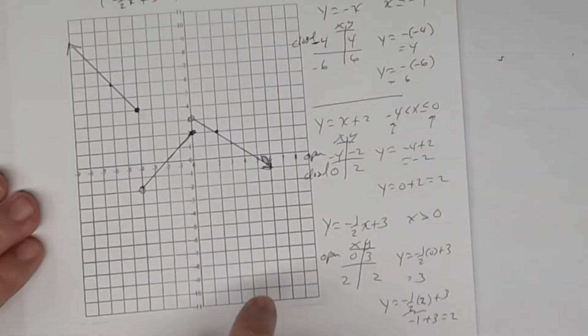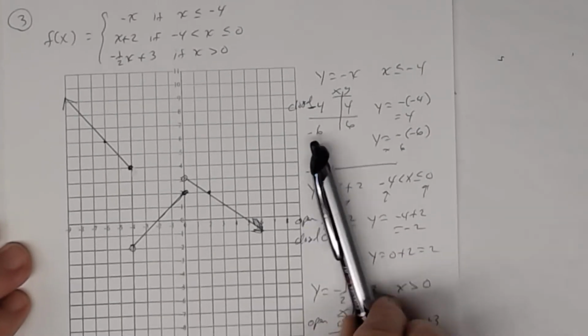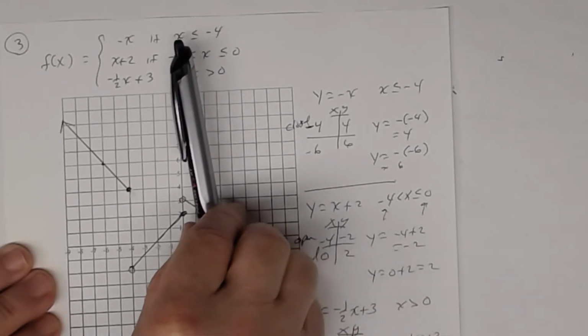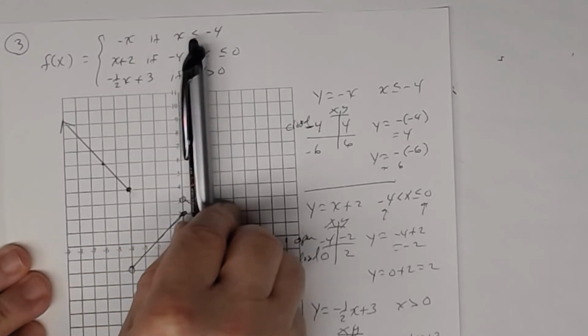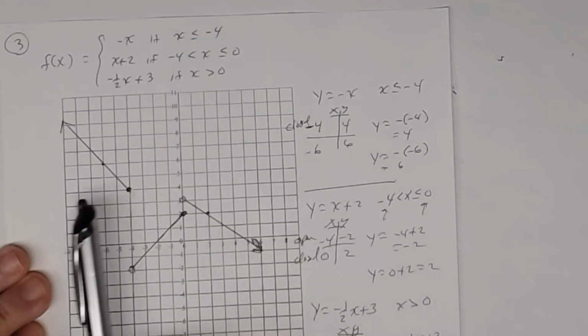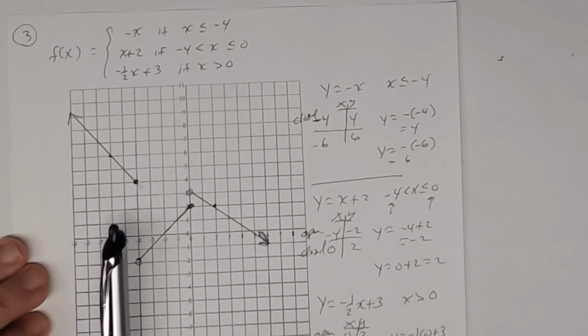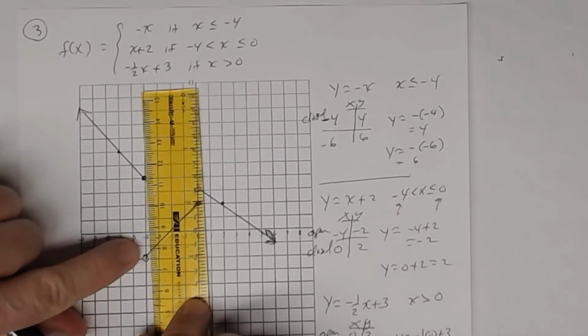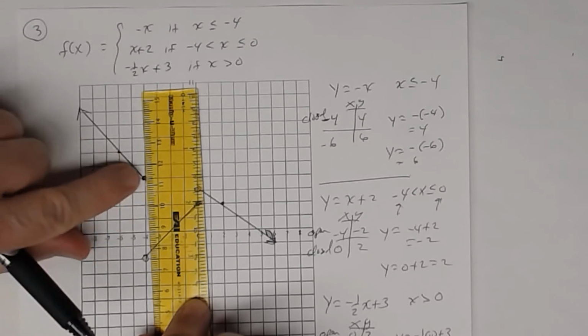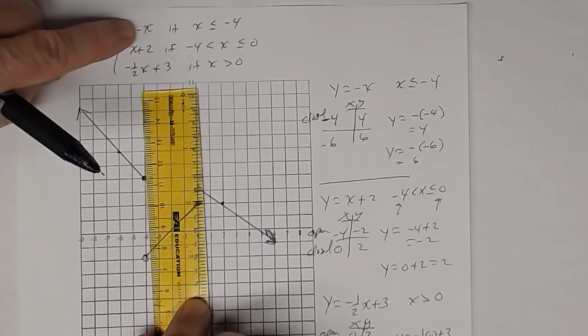Okay, so there are your pieces. So always go back and double check. So check your domain. Notice this piece has to be in the domain that's less than negative 4. So you see here's negative 4, right? See right here? Here's negative 4. And so you have this piece. You see that? So that piece corresponds to this.